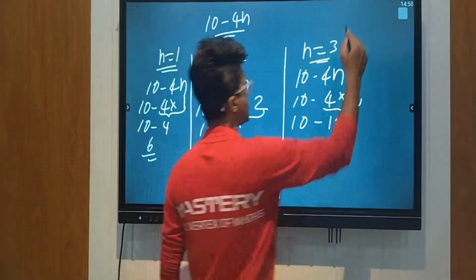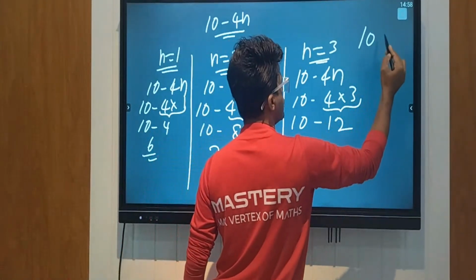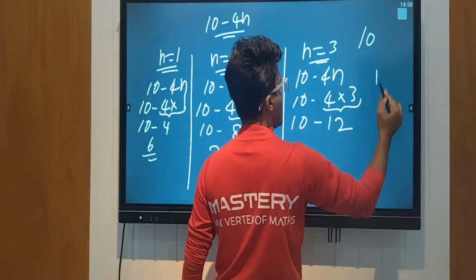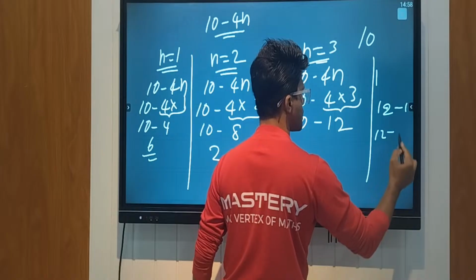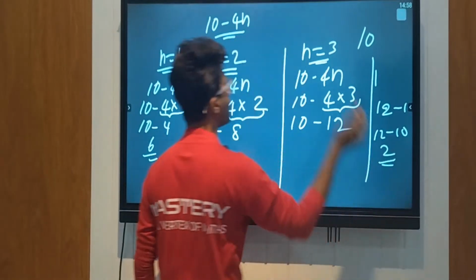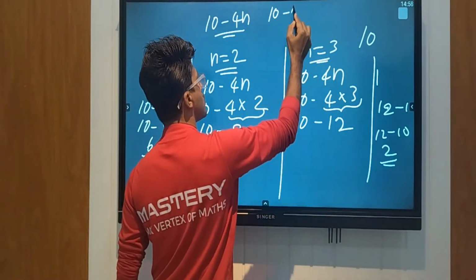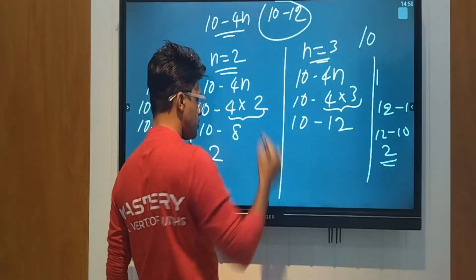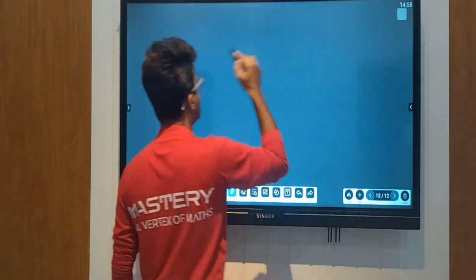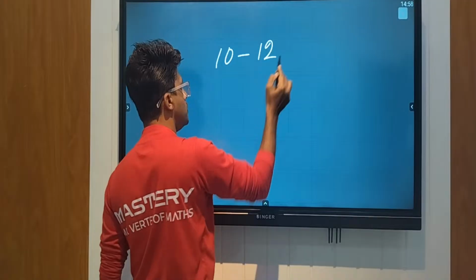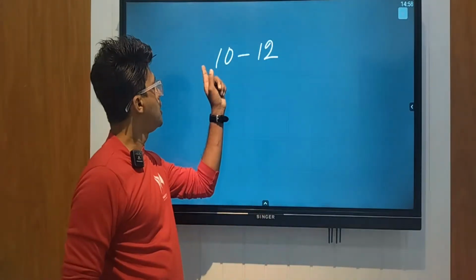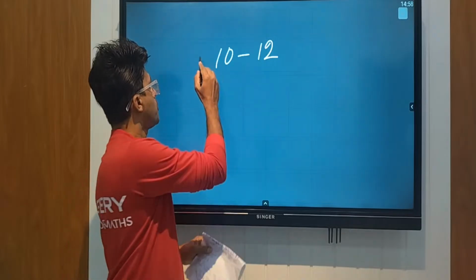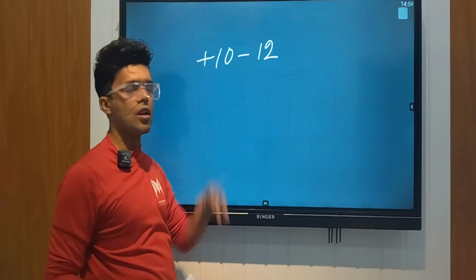Then what is the answer of this one? 12 minus 10 is 2. But here, 10 minus 12, what's the answer here? When it comes to this type of question, learn this one. Here is a positive value and here is a negative value.